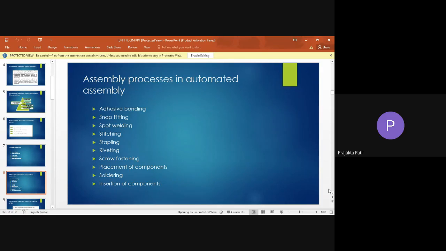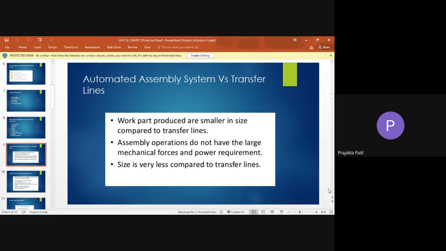So for these processes, if you can imagine, very little force is actually applied. You can have a comparison of these assembly lines with the transfer lines, which I just told you, the comparison between an automated assembly system and a transfer line.